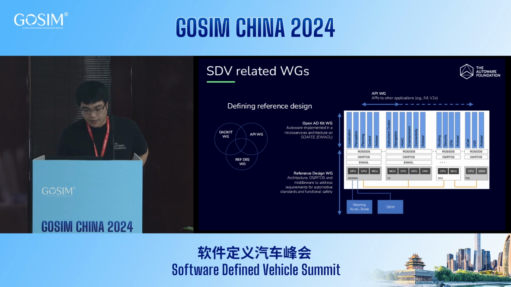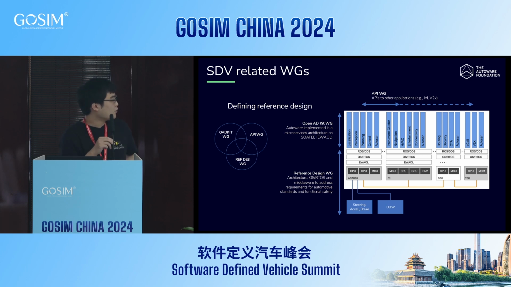So at the end, I just want to share how we're developing these OpenAD Kit modules. Within the Autoware Foundation, we have different working groups to work on these topics. The main working group is the OpenAD working group. This working group leads the overall architecture design and the communication with SOAFEE and other alliances.